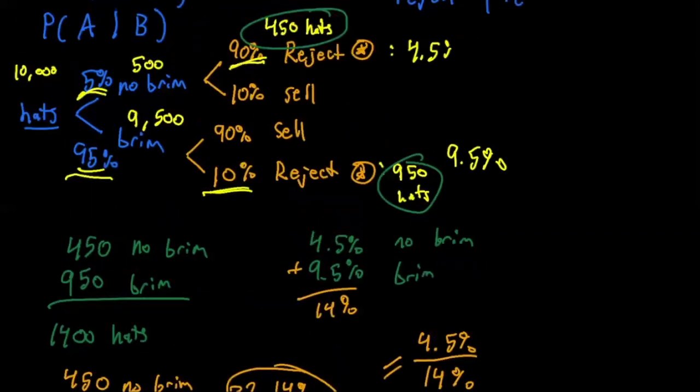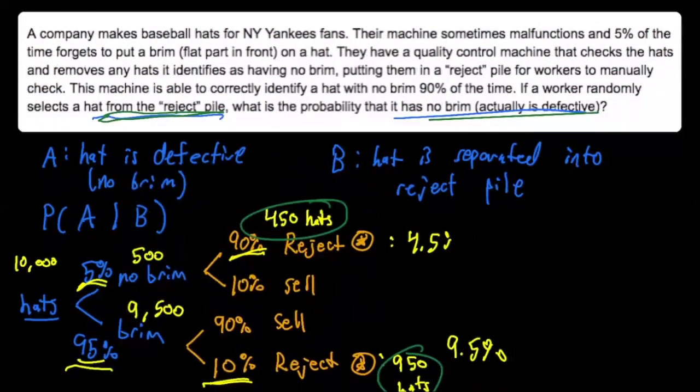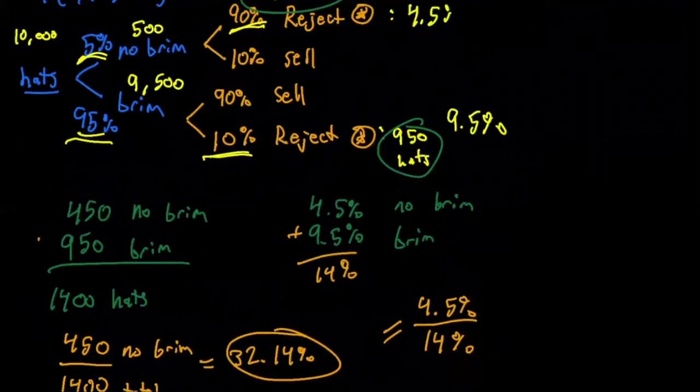So even though our machine is accurate 90% of the time, the issue here is because so many of the hats have a brim, 95% of them have a brim, even though only 10% of them are going to be incorrectly thrown in that reject pile, that 10% ends up being a lot more. So we can see here 950, a lot more than the 90% of the accurately identified no brim hats.